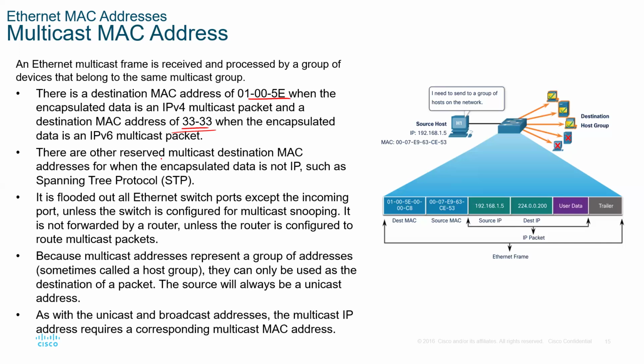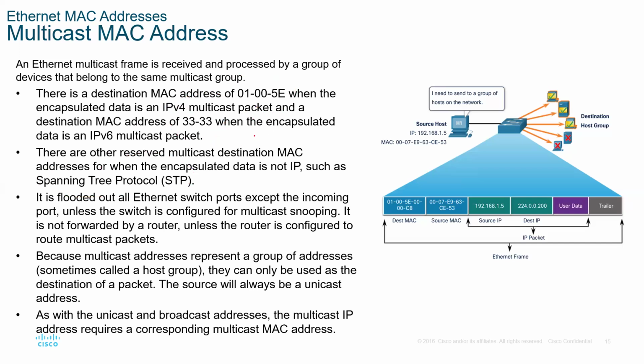So if the data that we have is STP, for example, it's not IP, then this value is different. If you see this value, the encapsulated data is IPv4. If you see this, the encapsulated data is IPv6. I don't know about STP, but you definitely see a different value from these two.